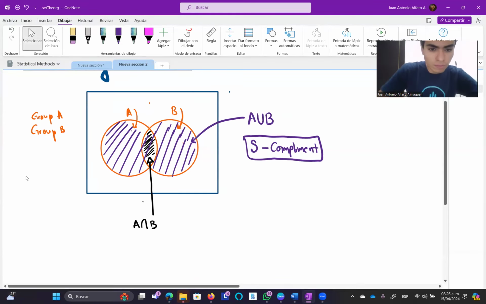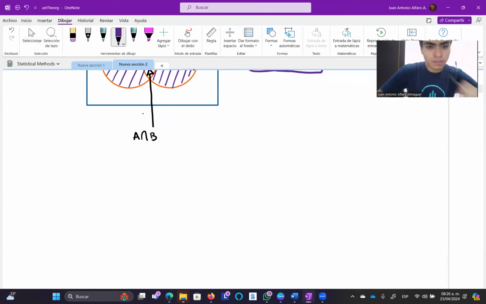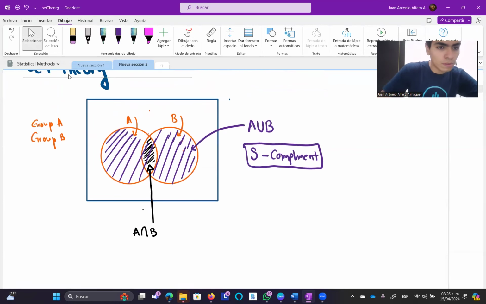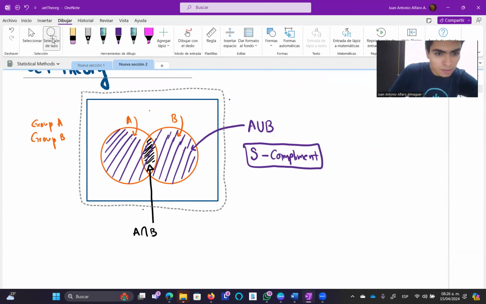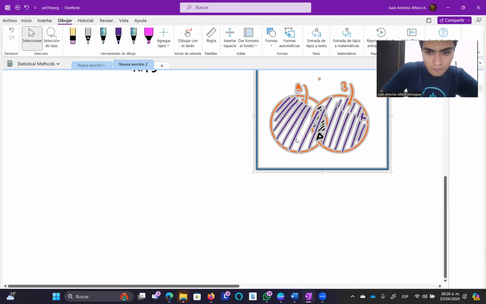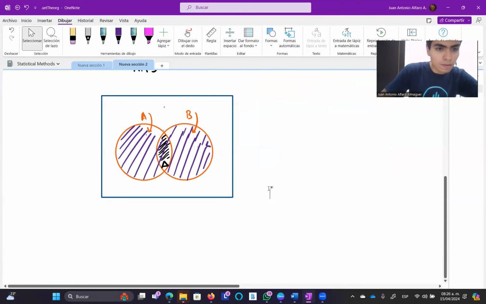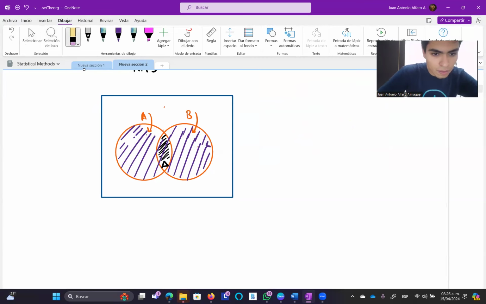For example, if we are talking the same case about the, so let me just select this and copy this. Ah, let me select this and copy this. Okay. Let me erase that. Um, oh, that won't work.